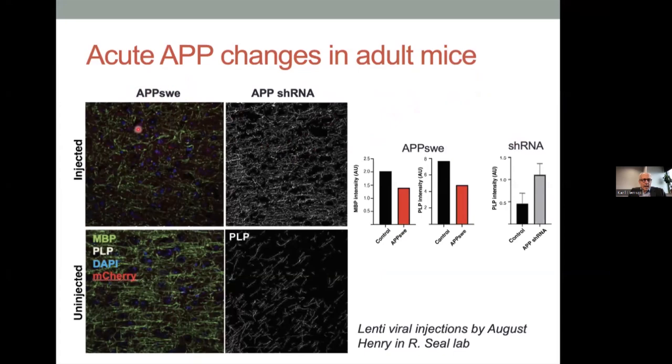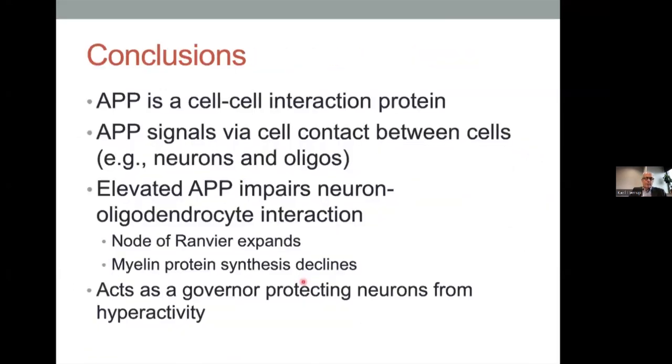And when you overexpress APP, its levels go down. By contrast, this is the uninjected brain stained with PLP. I've lowered the exposure time to make a point, which is that when you inject an shRNA to knock down the level of APP, the expression of myelin basic protein goes up.